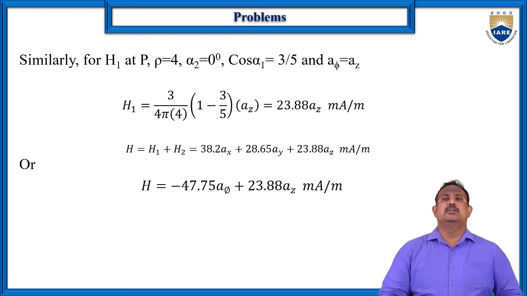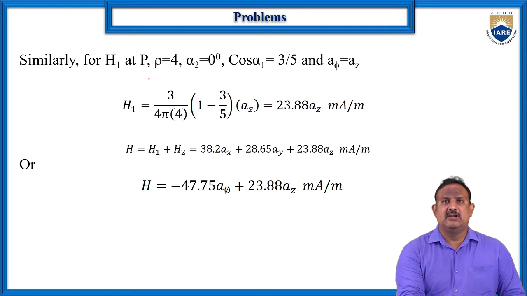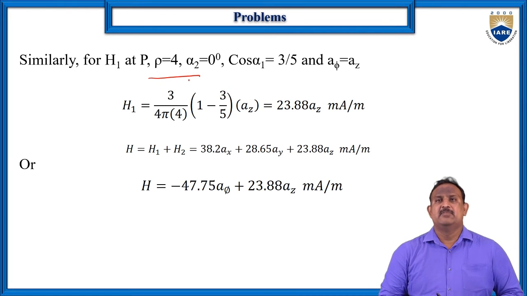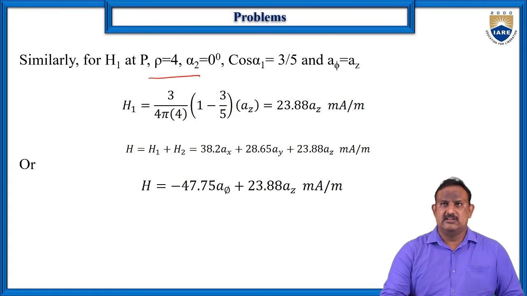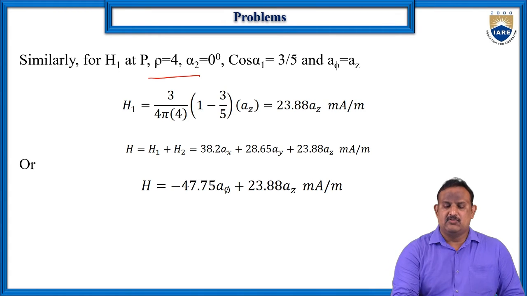Similarly, we can find the magnetic field intensity at point P, where rho is equal to 4, cos alpha 1 is given as 3 by 5 and alpha 2 is 0 degrees.